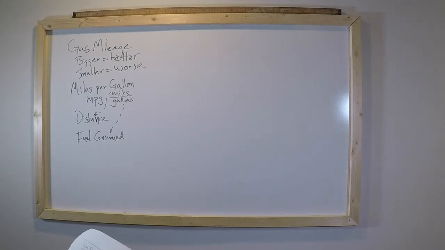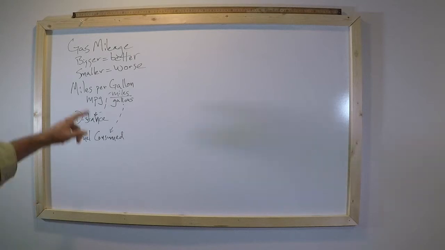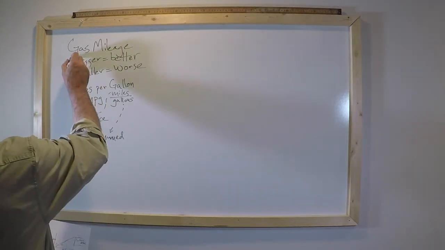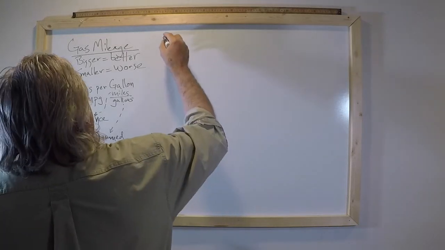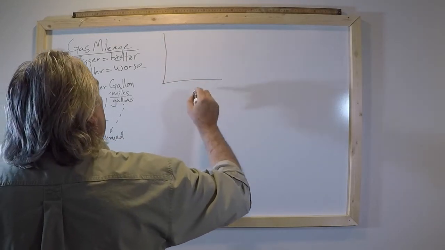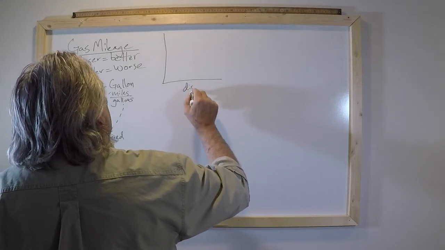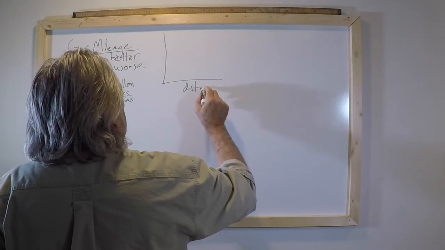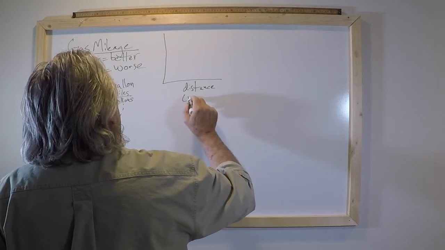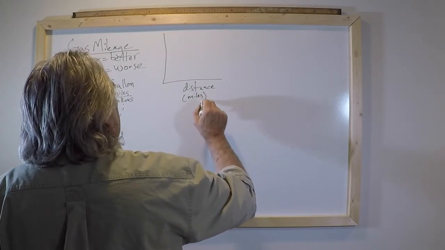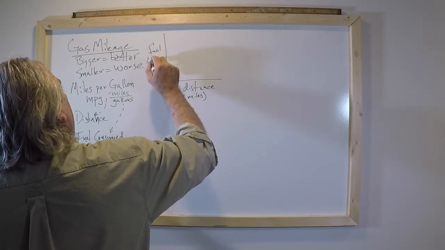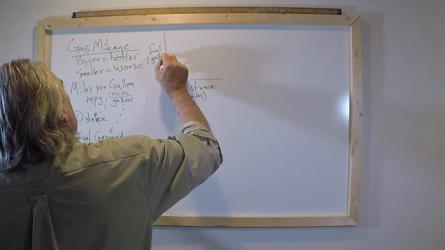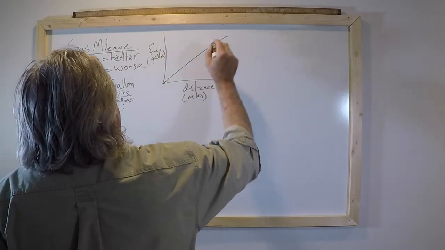In this model of gas mileage, it's a linear model. That is, in this model, if we say that distance, in miles here, and fuel in gallons is a straight line.